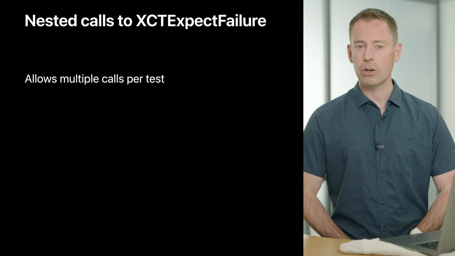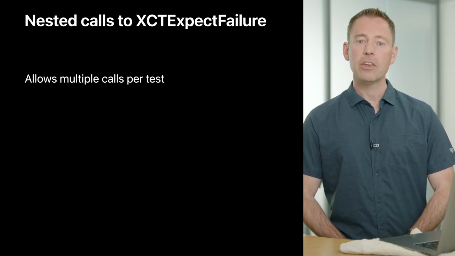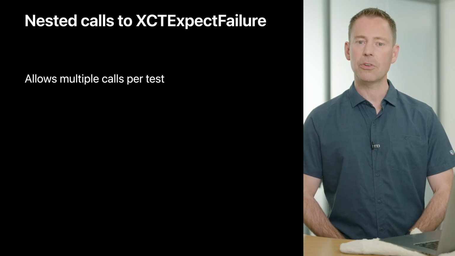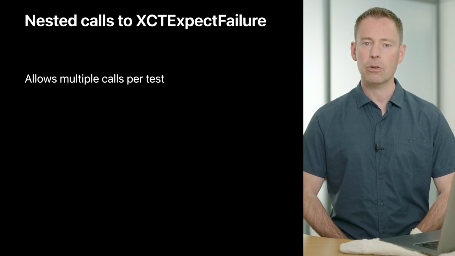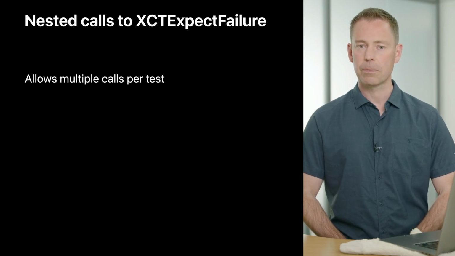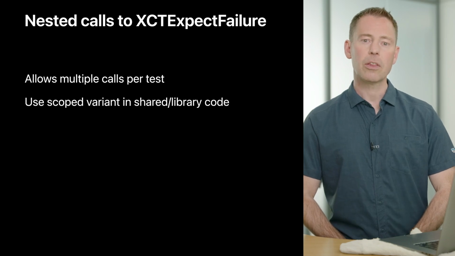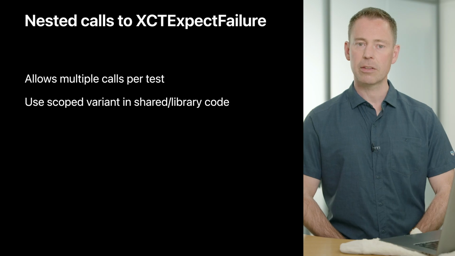When a failure occurs in the context of nested calls to XCTExpectFailure, the issue is matched against the nearest call site first, and if rejected by the matcher, will be passed on to the next call, and so on, with stack semantics for the calls to XCTExpectFailure. For this reason, with shared code, it's best to use the closure-based API to limit the effects on test state.